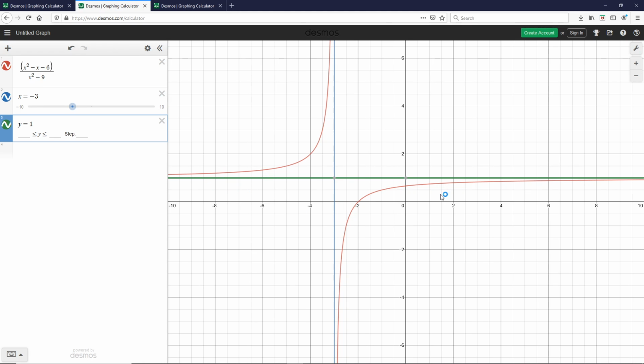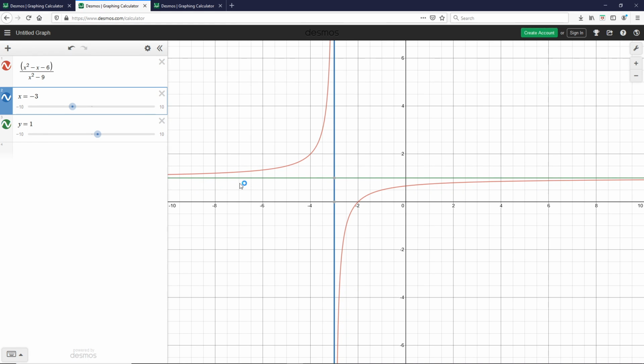Now, really quickly, just so you can see with this example here how the graphs of these horizontal and vertical asymptotes are related to the graphs of the rational function. Well, again, we saw with the vertical asymptotes that as x gets closer and closer to, in this case, -3, the graph of the rational function gets really, really close on the left and on the right hand side to these vertical lines.